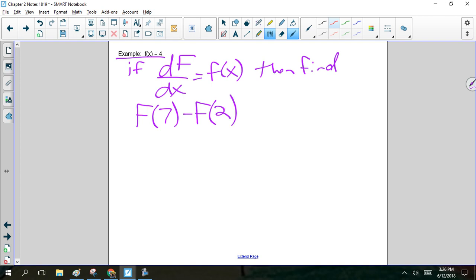Okay? So, let's think about this. Notationally speaking, this is a definite integral. What we're looking for here is the integral between two values of x, right? So we want x to go from 2 to 7 for a function f of x with respect to x.